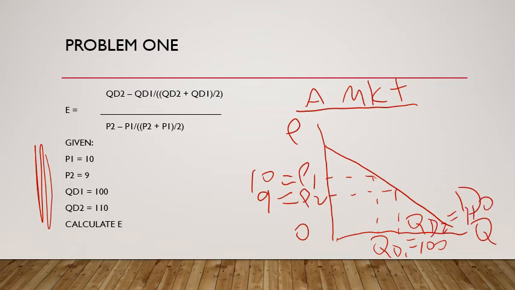And what we're doing is we're calculating the price elasticity of demand along this portion of the demand curve. So that's going to be the average. Whatever this number is, the price elasticity of demand coefficient, it will represent the average elasticity along that segment or arc of the demand curve.